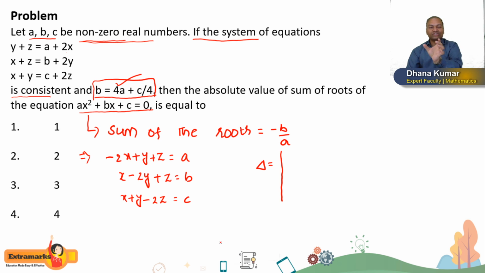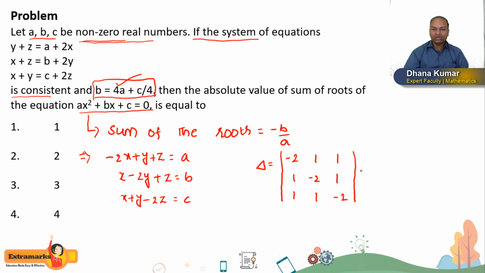Third equation coefficients write down in the third row. Understood? Okay. First equation coefficients: minus 2, y coefficient 1, z coefficient 1. Second: 1, minus 2, 1. Third: 1, 1, minus 2.